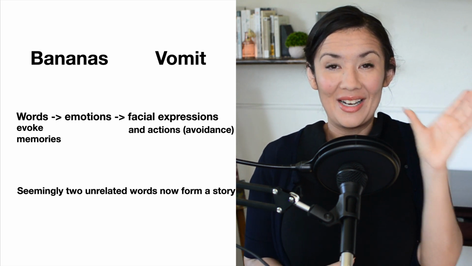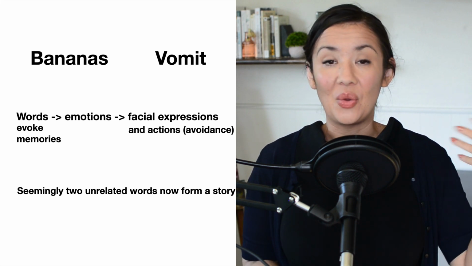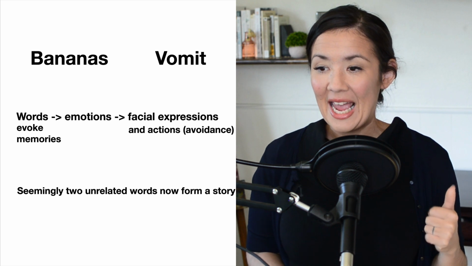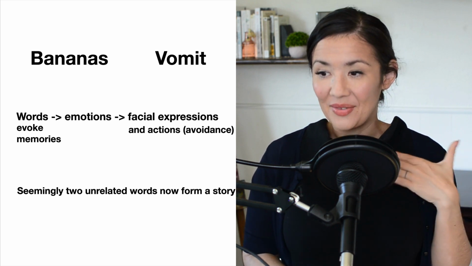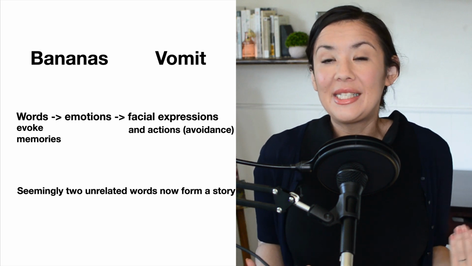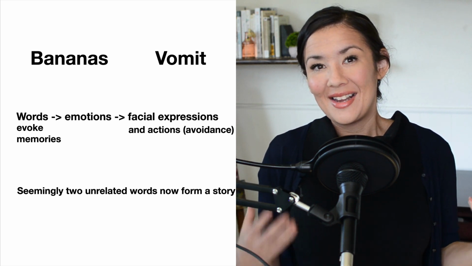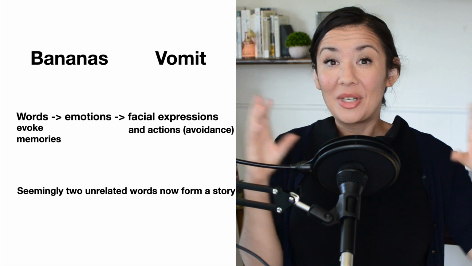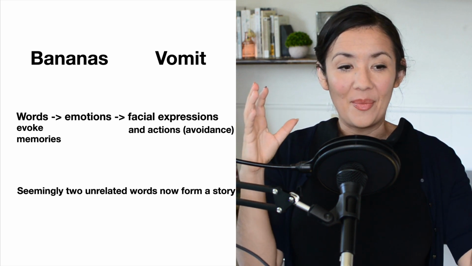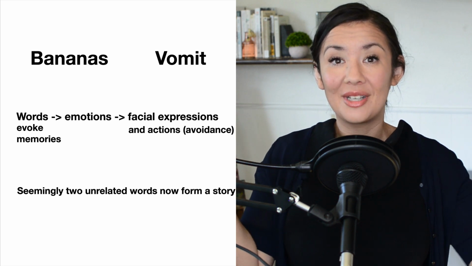Those 2 words are connected in their mind. So the words evoke emotions from past experiences with bananas, and those emotions can evoke facial expressions and even actions, even feelings of disgust.